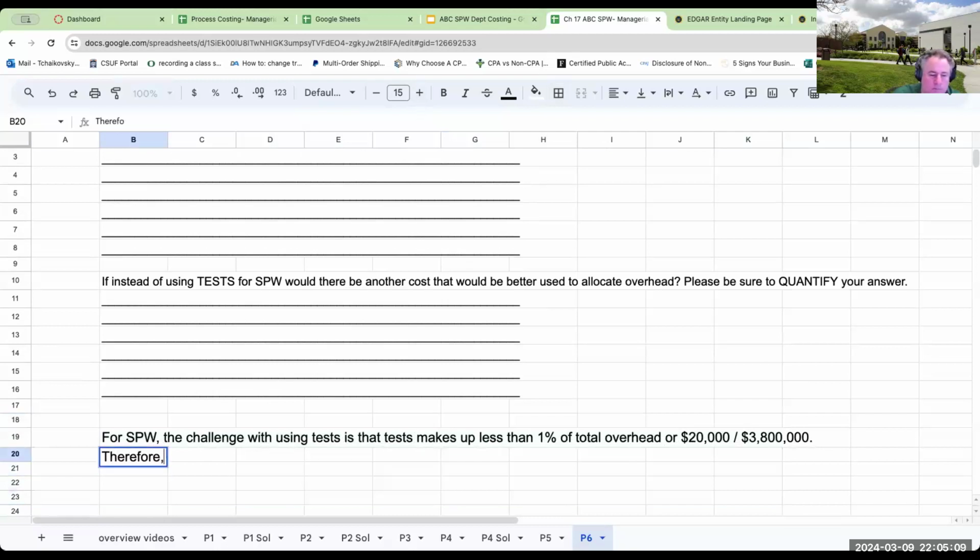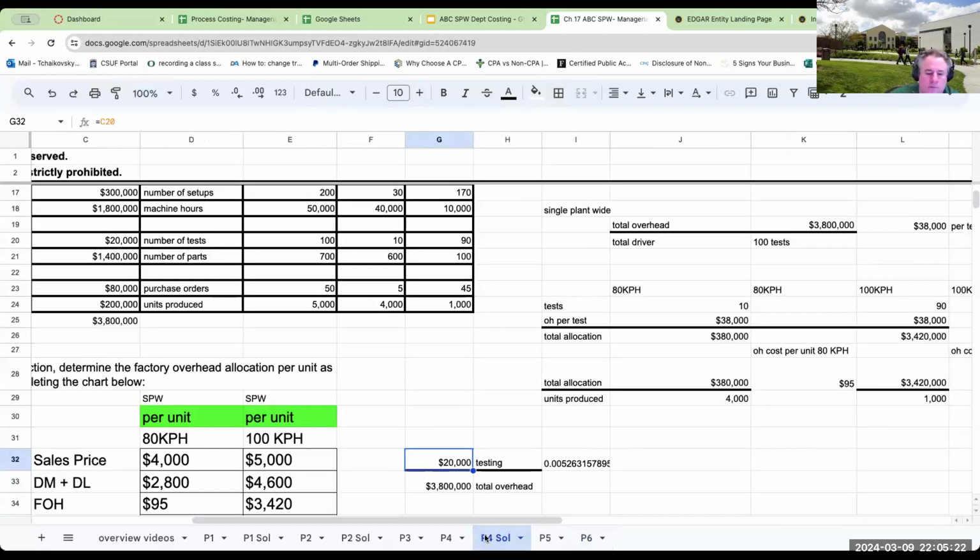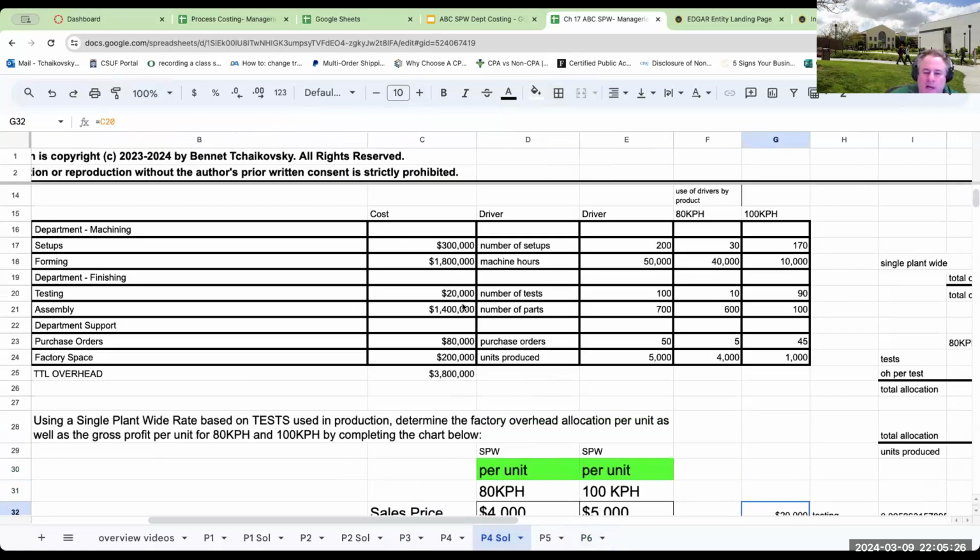Therefore, a better method or better overhead representation may be to use possibly something like machine hours, right?